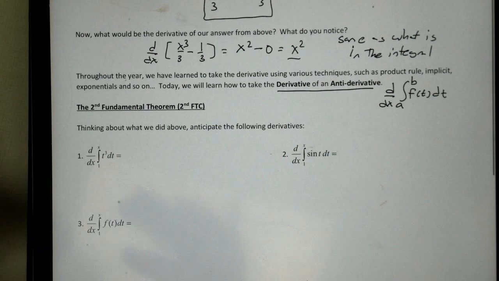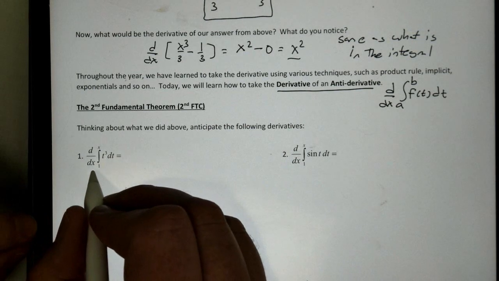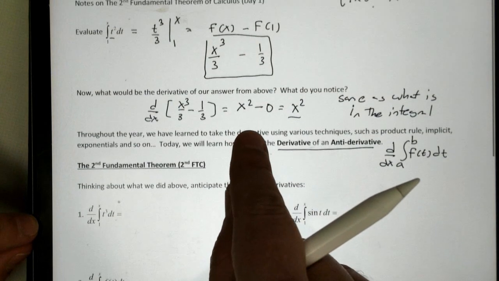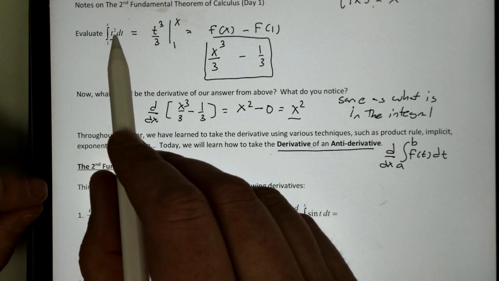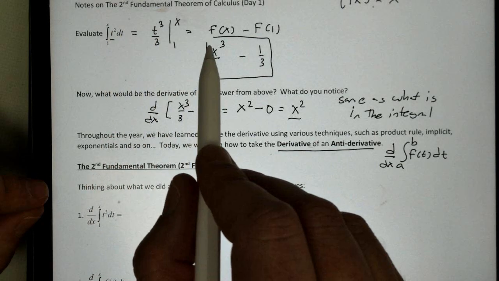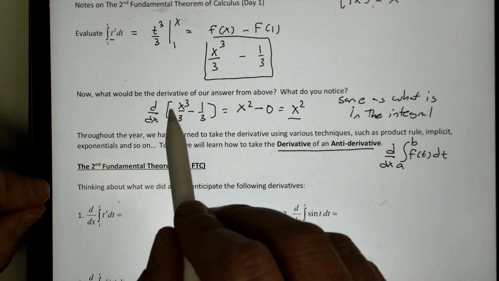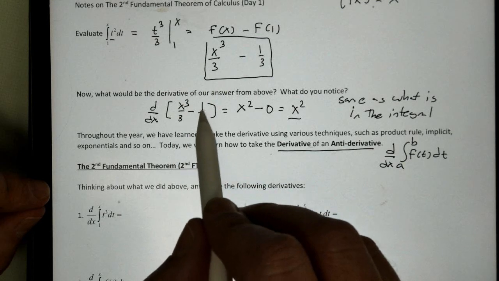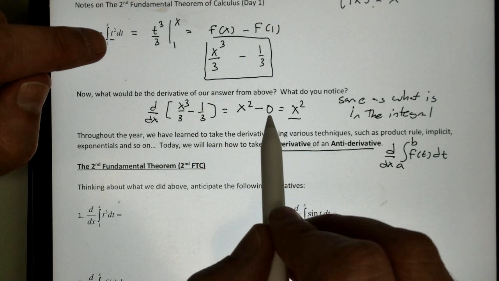All right, so let's anticipate what's going to happen here. So this says I want to take the derivative of an integral. Now if we think about above here, remember how we had t squared, and then we got this x cubed over 3 minus 1/3, but then we took that derivative. We got x cubed, and we took the derivative and we got x squared. We got the same thing back from the antiderivative.